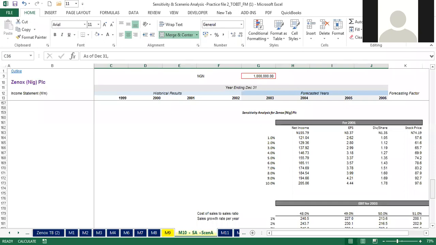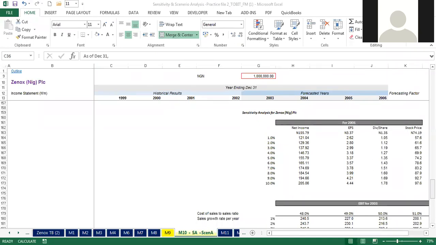What we are trying to say is, if there is a change in a forecasting factor, what will be the effect on the other variables of the financial statement?